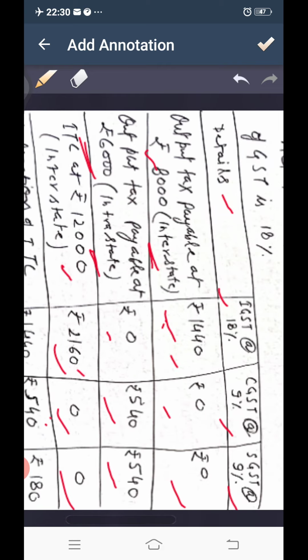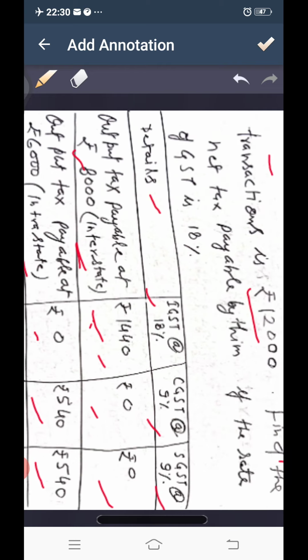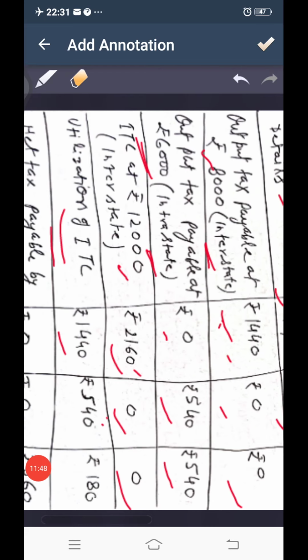We subtract 1440 from 2160, and we get 720 rupees.